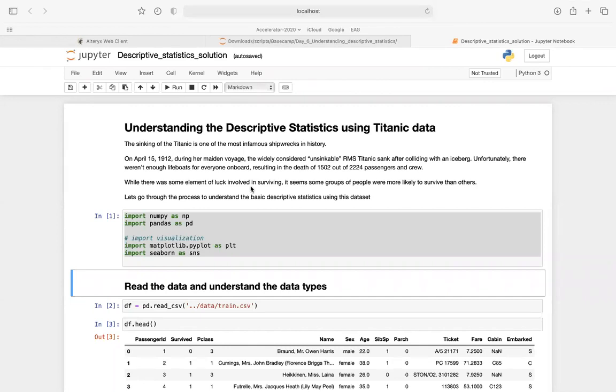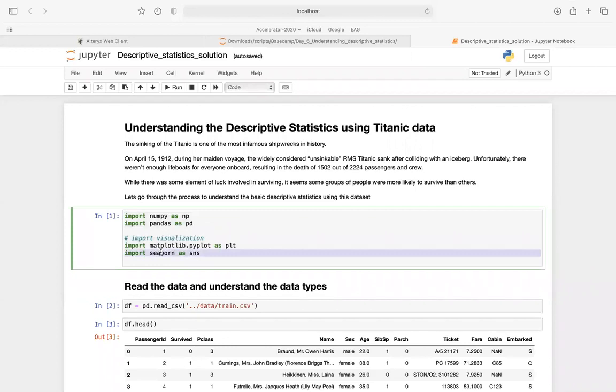There's some error. Ovi, what is the error that you're getting? People might get an error in Seaborn, that's why I asked you to import it quickly. No module named seaborn. So you'll have to install the library.